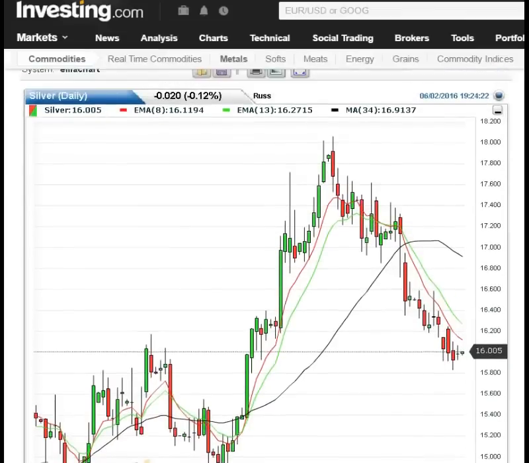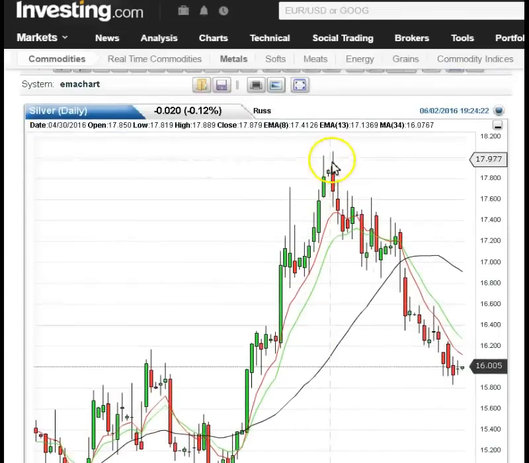Silver. I got the daily chart on silver up because I wanted to witness the high, the balance point, and the measured move. If you take this and the break from the 34 SMA, it almost moved exactly the same as it went up.